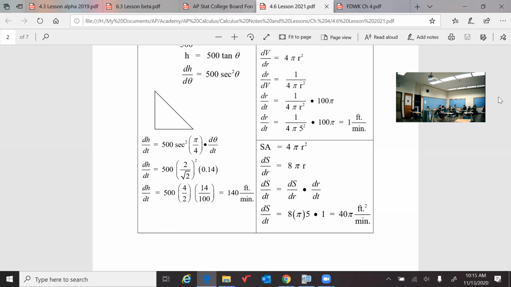So I multiply dS/dr, which is 8 pi r, times the answer to A, which is 1, and you get 45. 45 what? Feet squared per minute. So this area. Don't omit the rate.